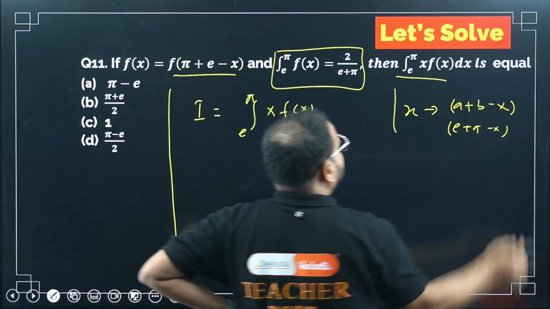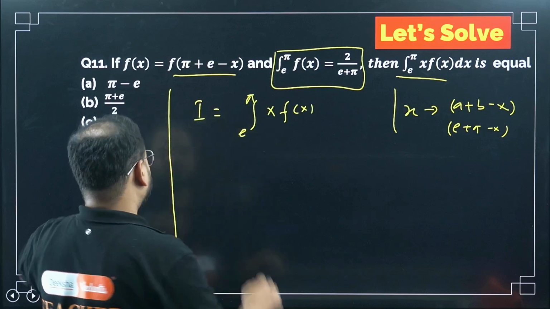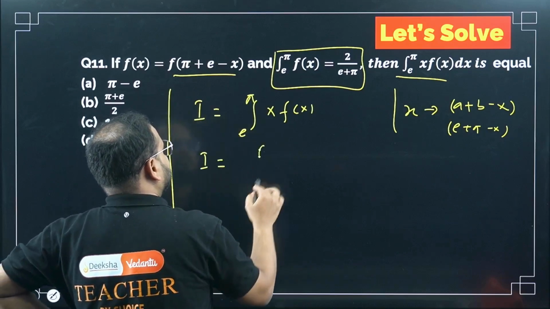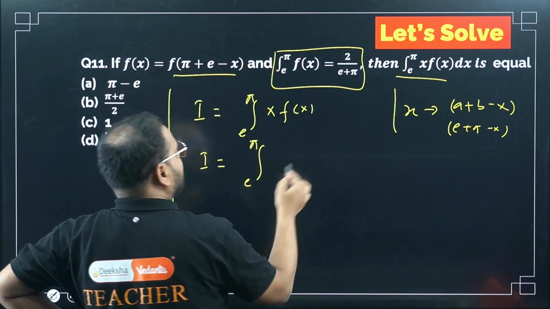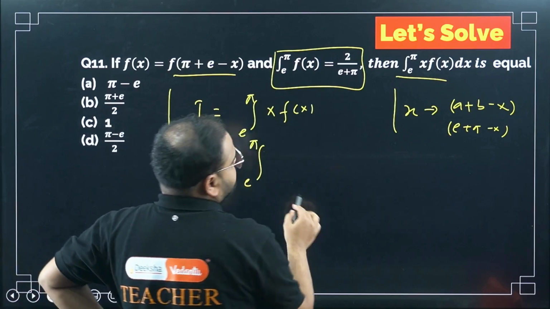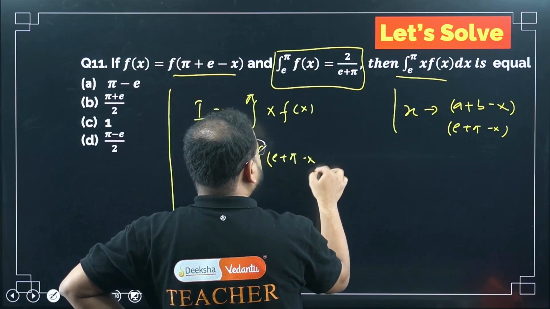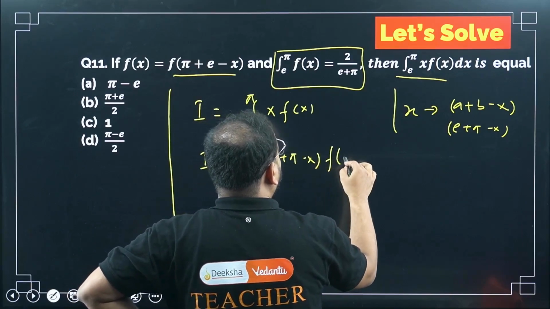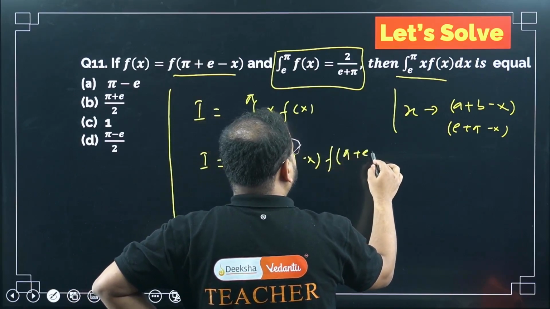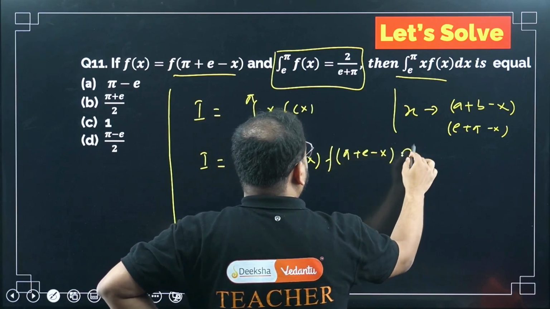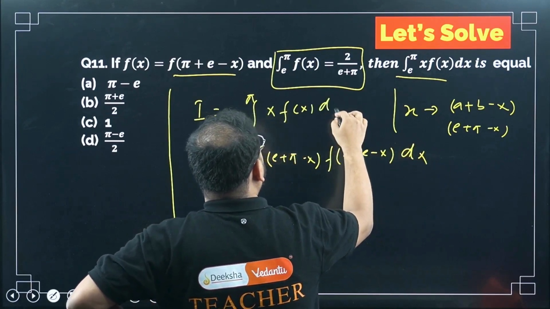How much is that? Simply, wherever there is x, replace that. What am I going to get? The limits will remain unchanged. So (e plus pi minus x) times f of (pi plus e minus x) dx. Okay.